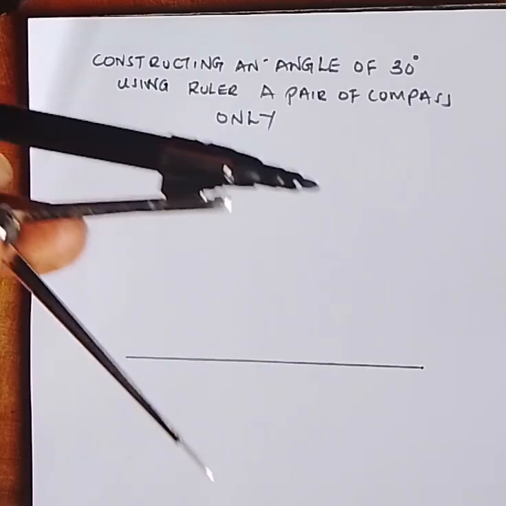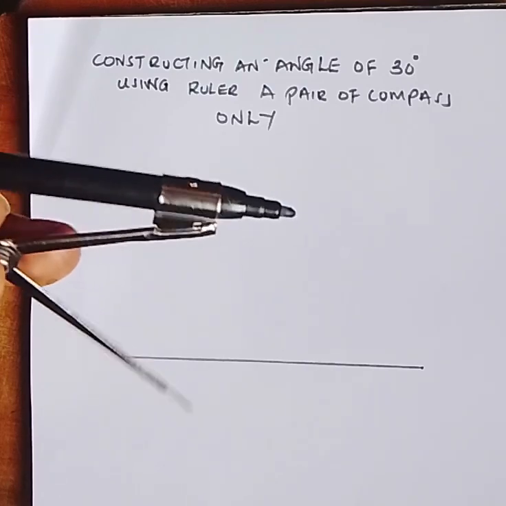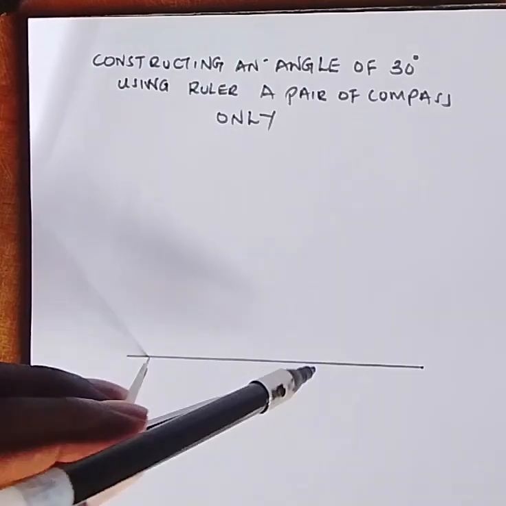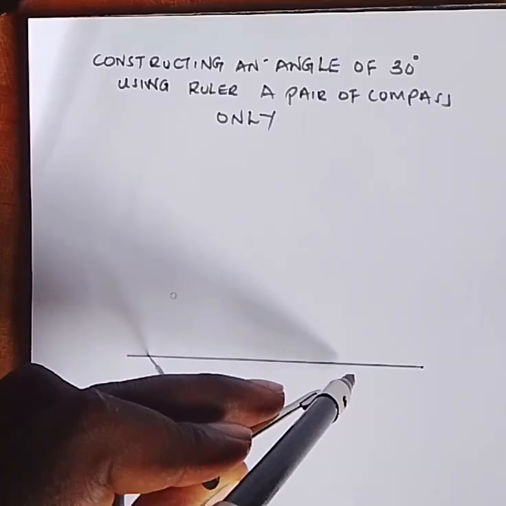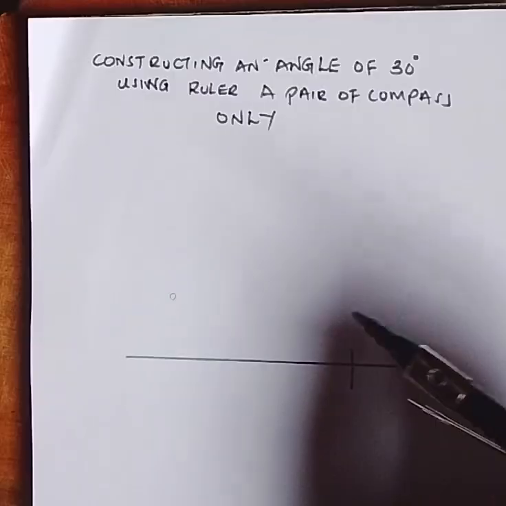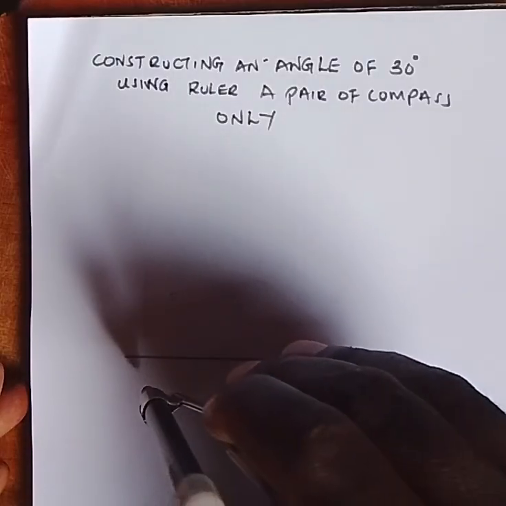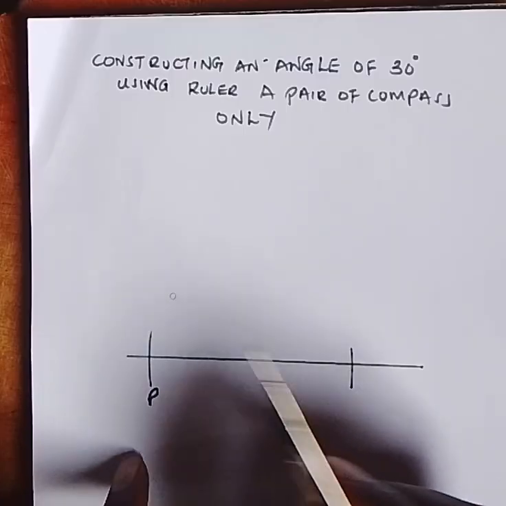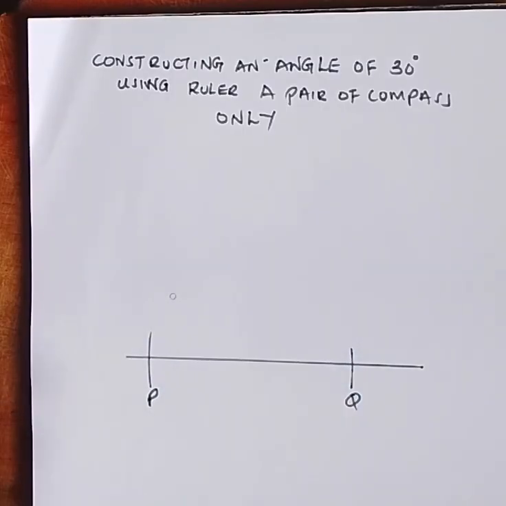So now open your compasses at any length like this. Then we will make an arc. Make an arc there, and without changing, you also make another arc there. Mark this point P and mark this point Q. Now we can comfortably say we have line PQ.